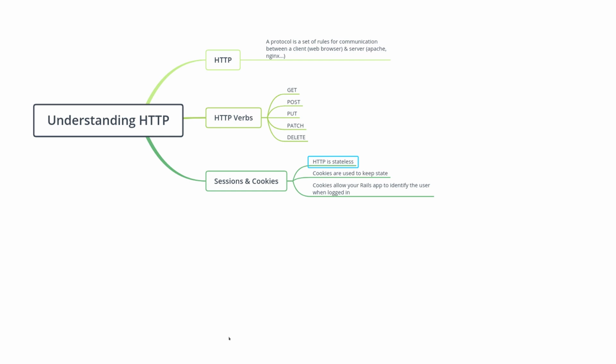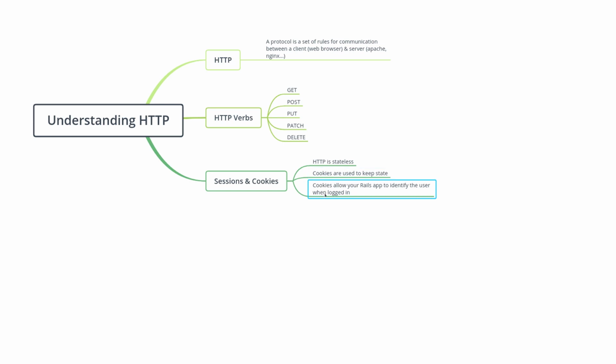The only way for the server to know that you are the same person is to use a cookie. So cookies are used to keep state. In other words, cookies allow the server and the Rails application to know that the user is logged in, and to recognize that it's the same person.